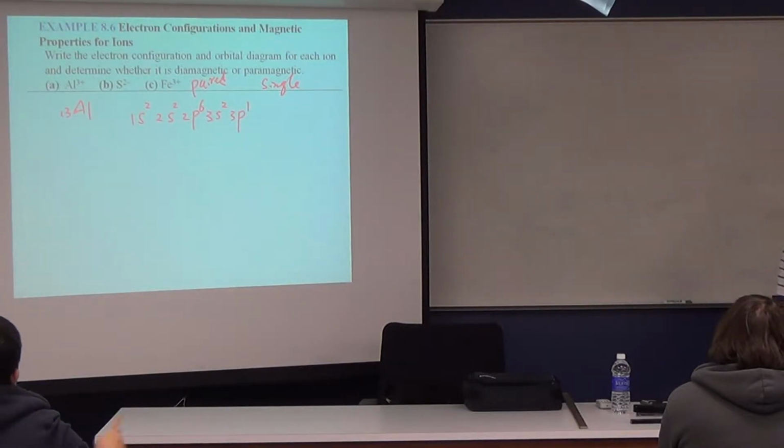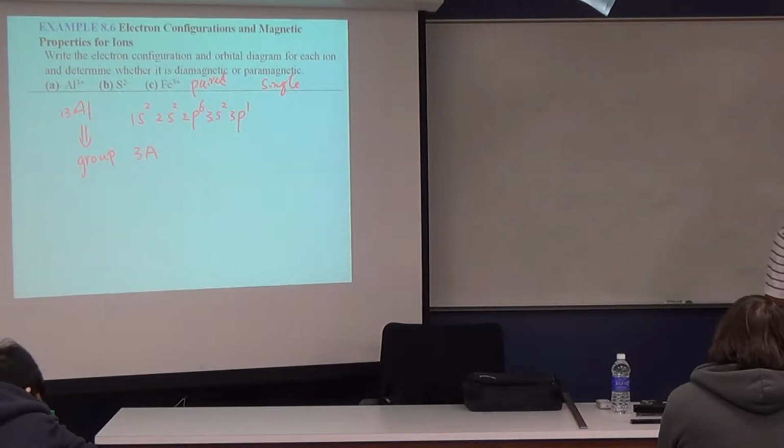So how do you take the electron away? First decide the group. If it's an A group, you use the A group pattern. This Al is group 3A, so it's an A group.